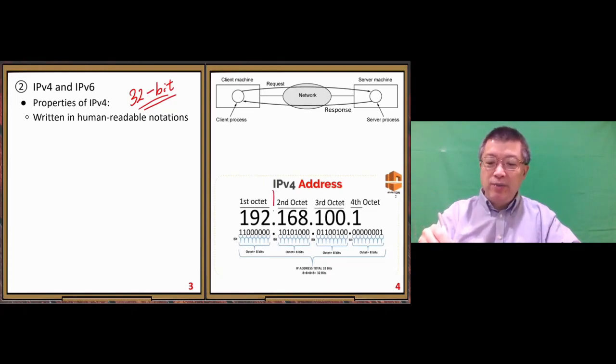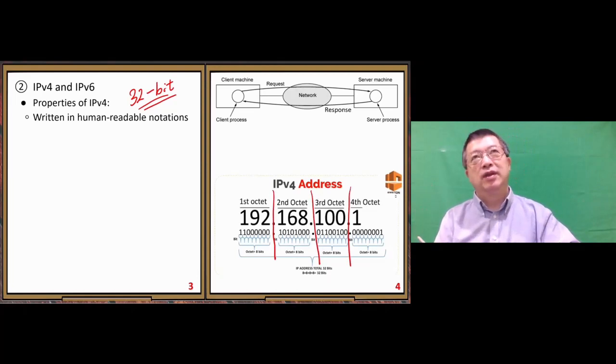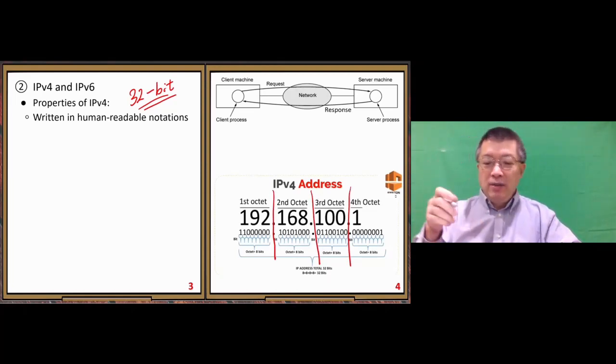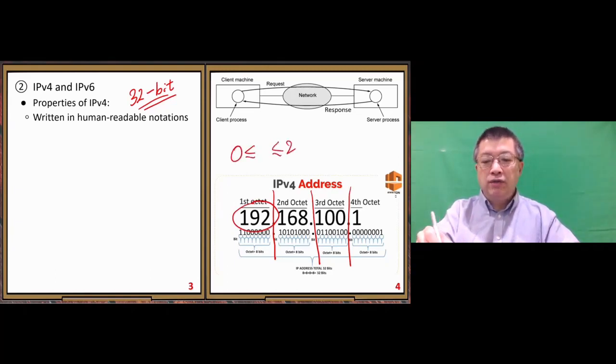Divided the 32 bits into 4 blocks. Each block is an 8-bit number, but an 8-bit number can be represented as a decimal number between 0 and 255, right?